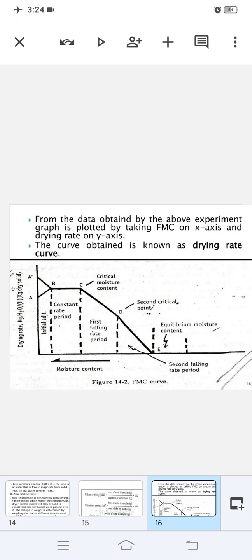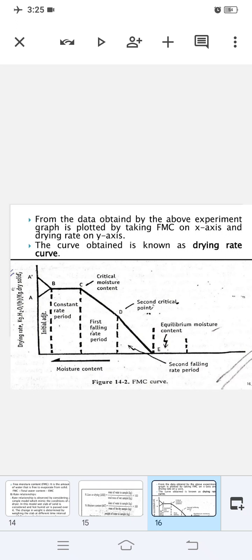As the hot air gets inside the solid material, at the same time the moisture begins to evaporate. After some time the temperature stabilizes, meaning the heating and cooling rates are equal. This temperature is equal to the wet bulb temperature of the drying air, and that point is referred to as point B.